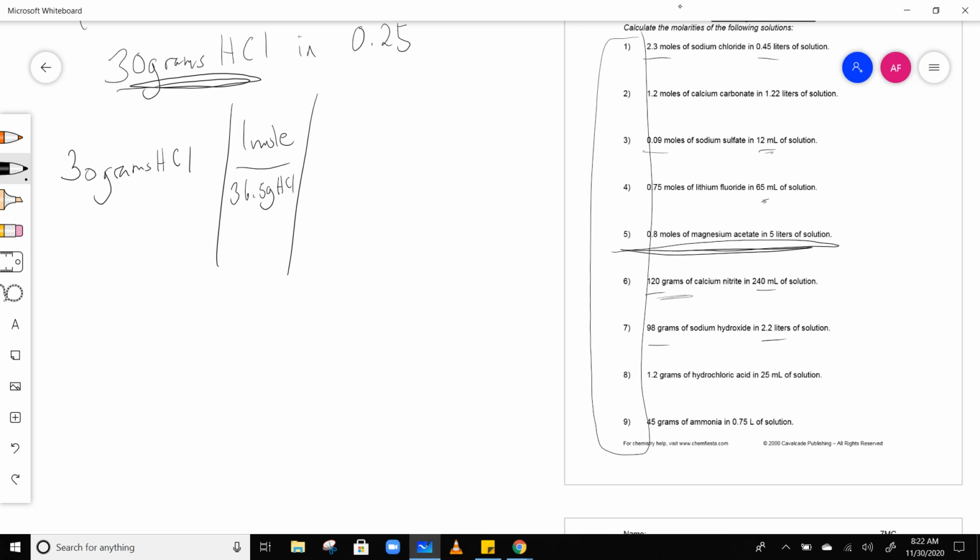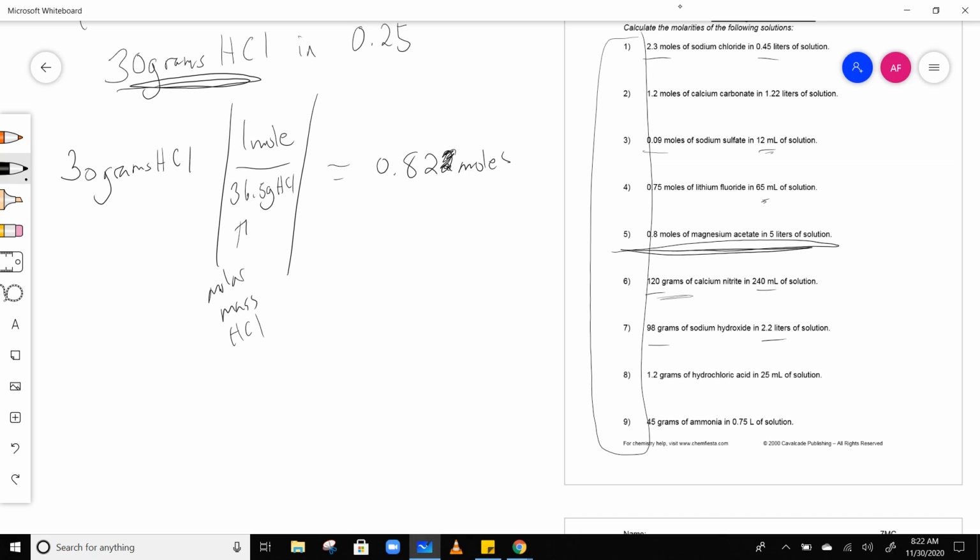Again, this is the molar mass of HCl. So 30 divided by 36.5, and I get 0.822 moles.